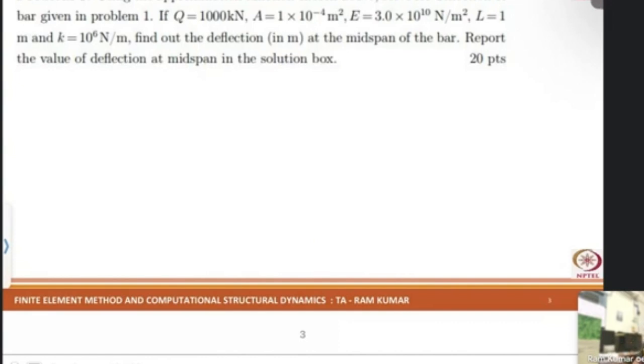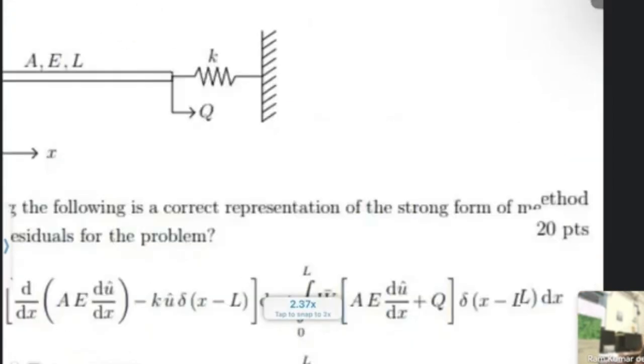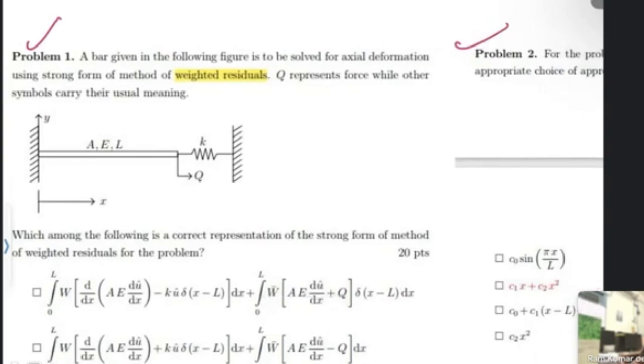Using the approximation function chosen above, all these are connected. So question 1 we will solve. A bar given in the following figure is to be solved for axial deformation using a strong form of the method of weighted residual. Q represents the force while other symbols carry their usual meaning.